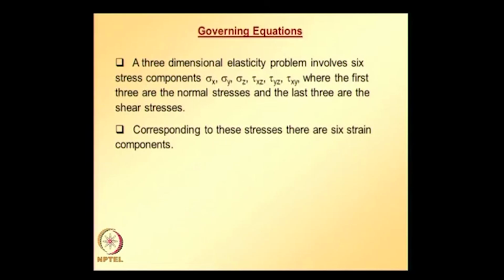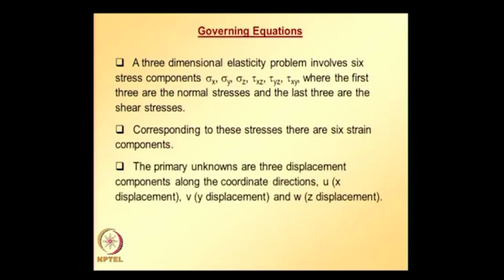And corresponding to these stresses, there are 6 strain components, and the primary unknowns are 3 displacement components along 3 coordinate directions, that is along x direction, which is denoted with letter u, along y direction, which is denoted with letter v, along z direction, which is denoted with letter w.